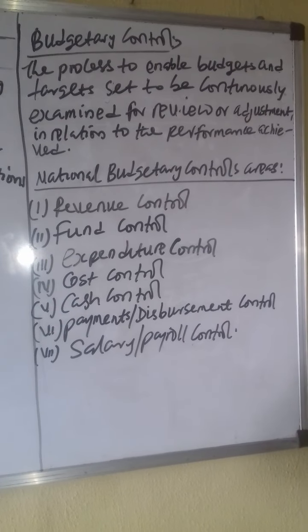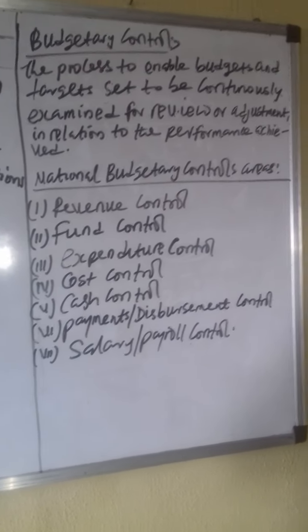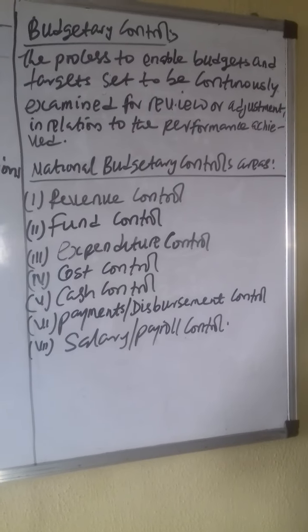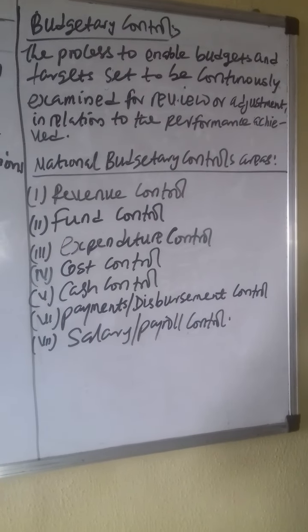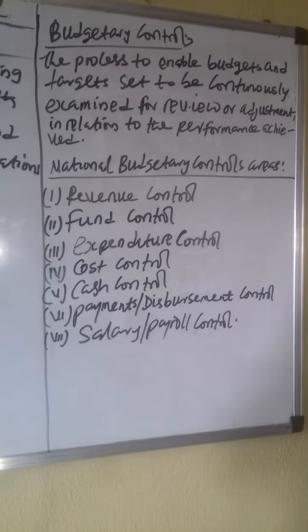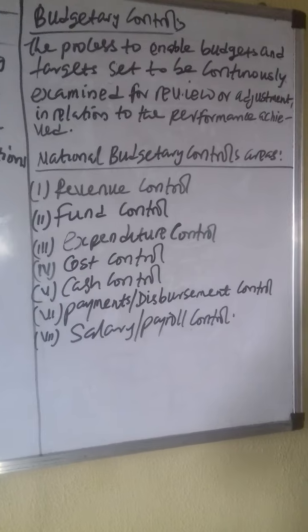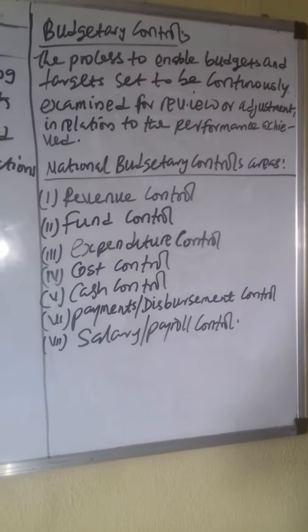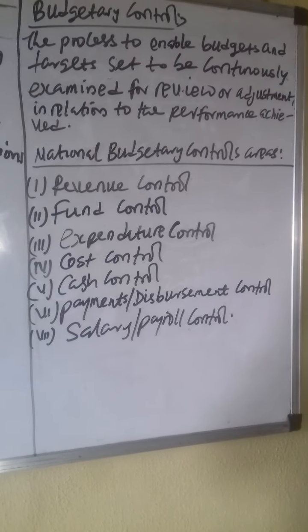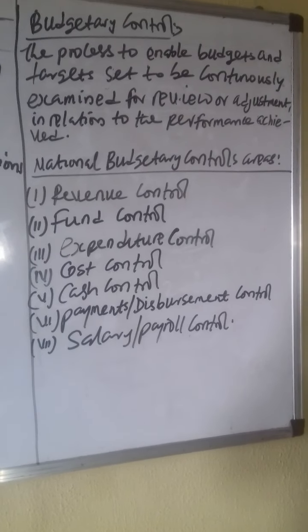Expenditure control is another, ensuring that what is expected to be spent is what is spent. And where there is a variation, it must be examined and queried. Cost control, we have to ensure that our cost is based on what we budgeted for. And that's why the budgetary department should ensure that the cost estimated is very, very accurate.